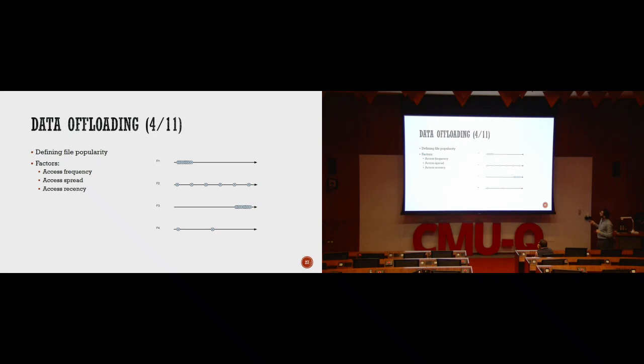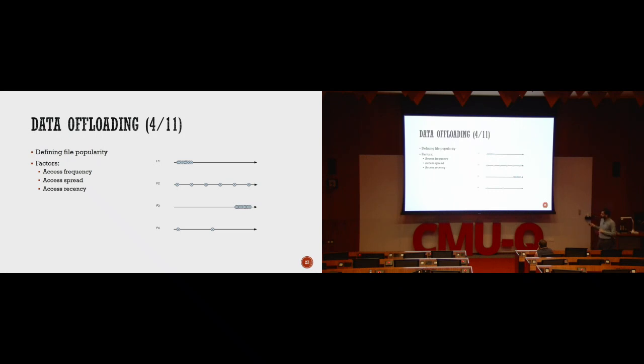This is a decent and consistent access pattern. The file was created over here, but then recently accessed in a burst, so this is probably based on some event. There is a spread, a long distance in terms of duration in the access of the file. Based on these factors, we determine which files are your popular files and which are not, and then we can offload them.